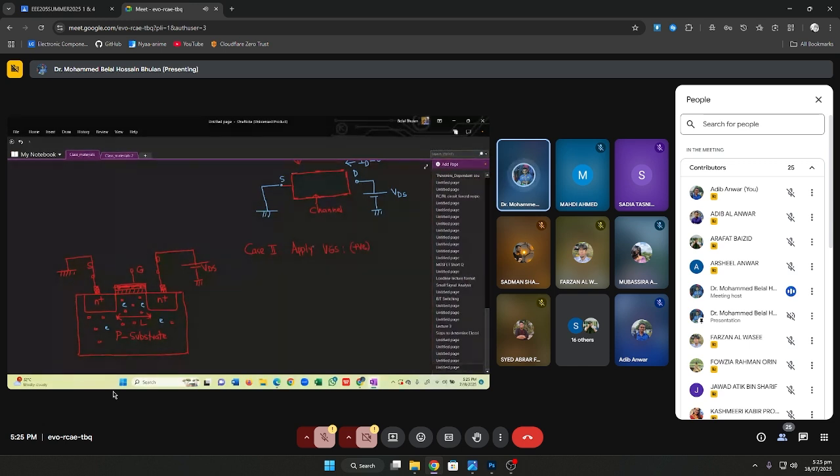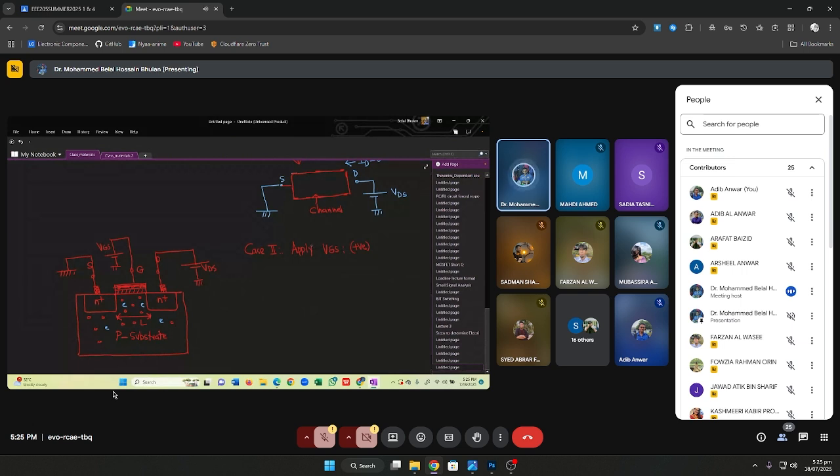So we apply a gate voltage. That is our VGS.